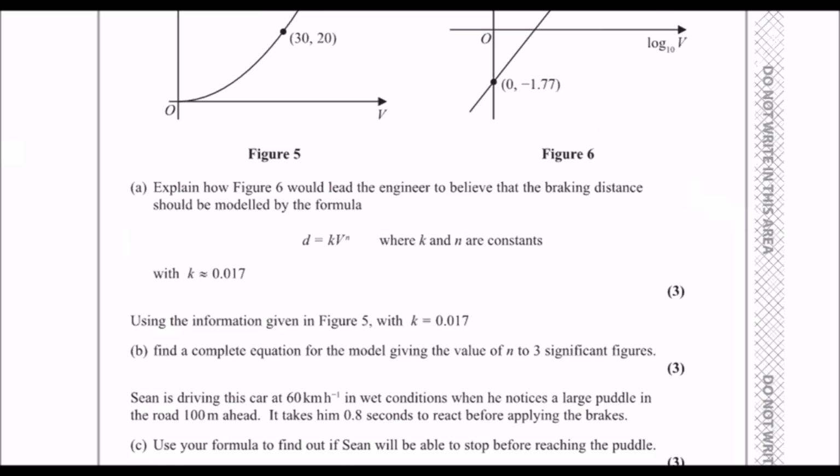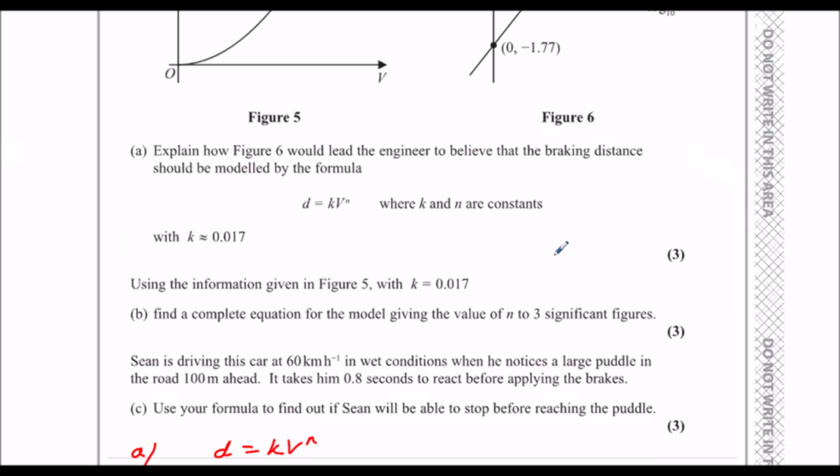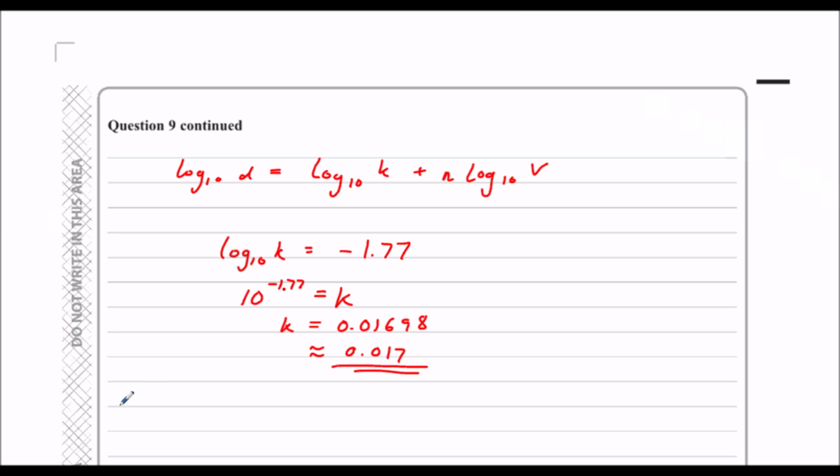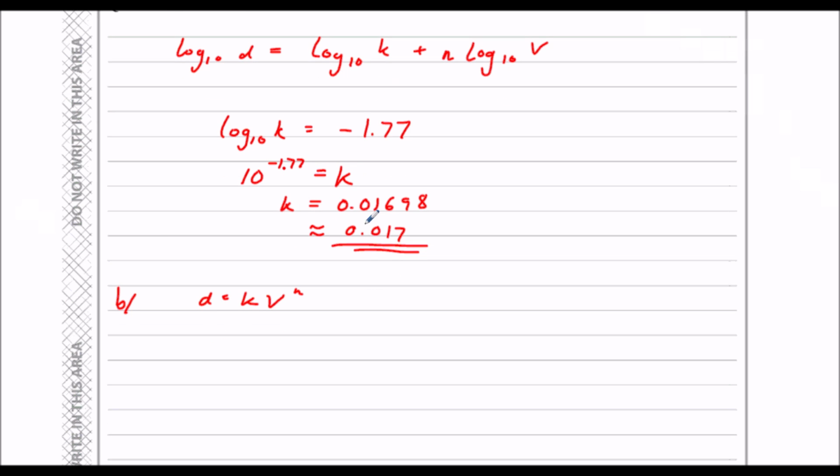Part B. Find a complete equation for the model given the value of n to 3 significant figures. So let's find n. Either one's fine. Let's use this. So d equals k v to the power of n, and we know k is 0.017.